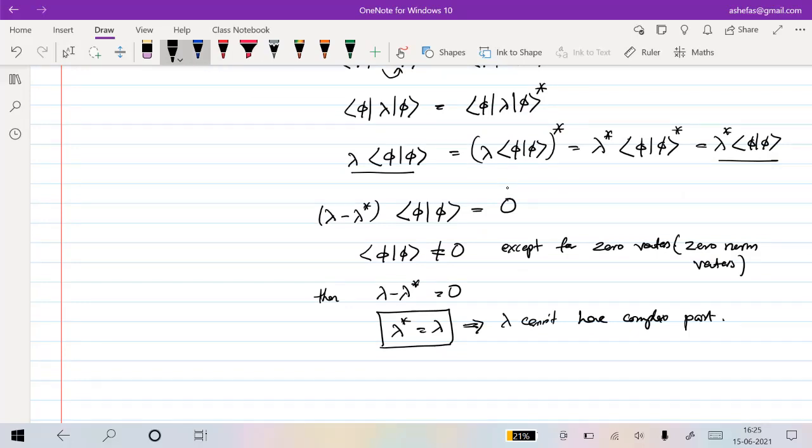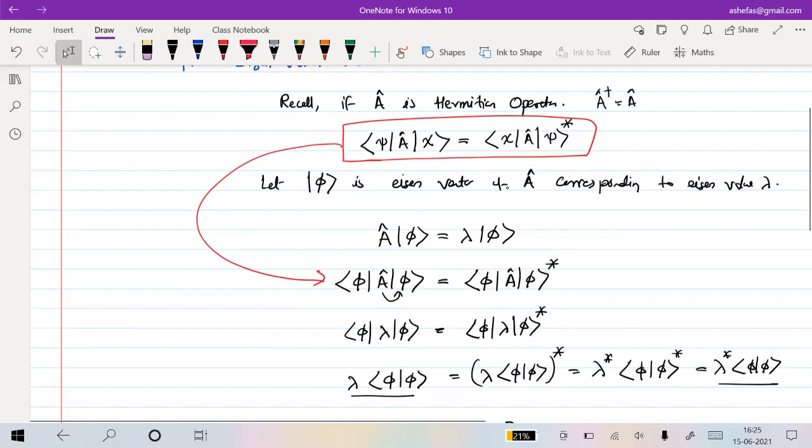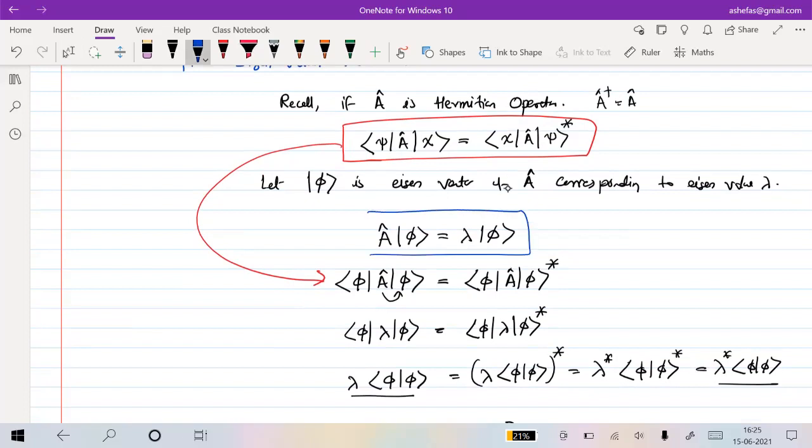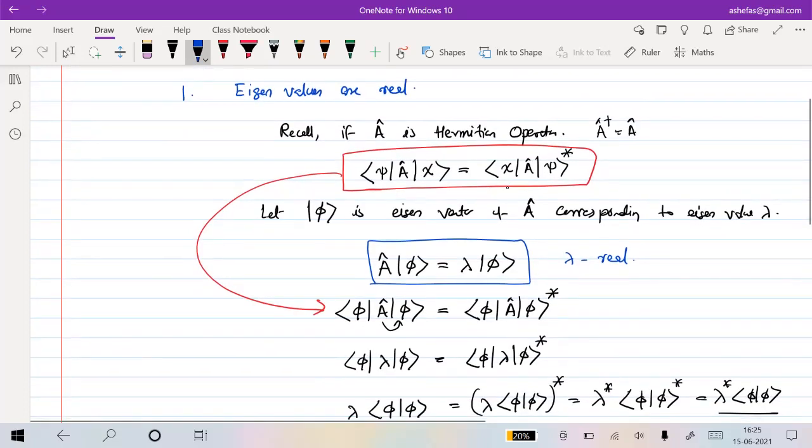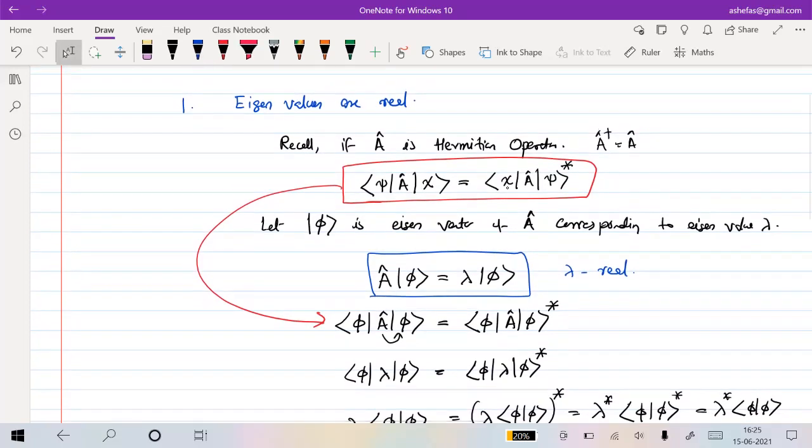In other words, lambda must be a real number. So lambda is the eigenvalue of the operator A, and we have proved that lambda is real. Very simply, we have proved that the eigenvalues of a Hermitian operator must be real.